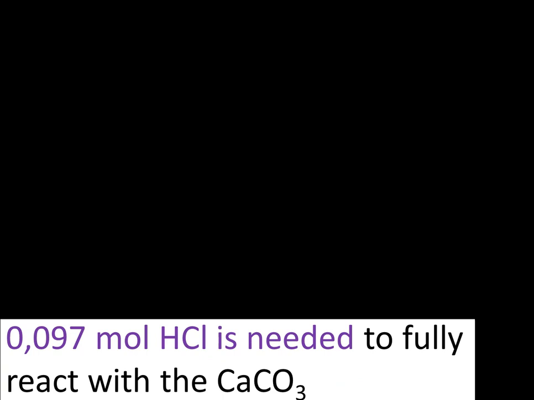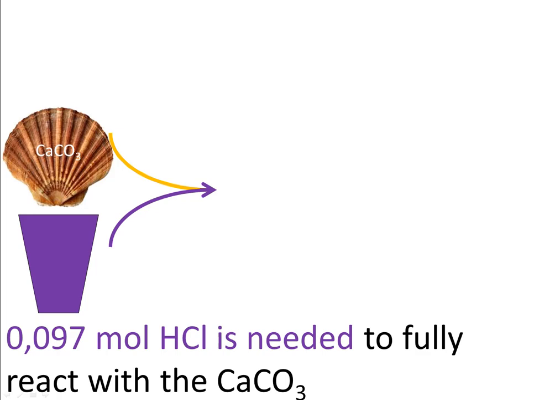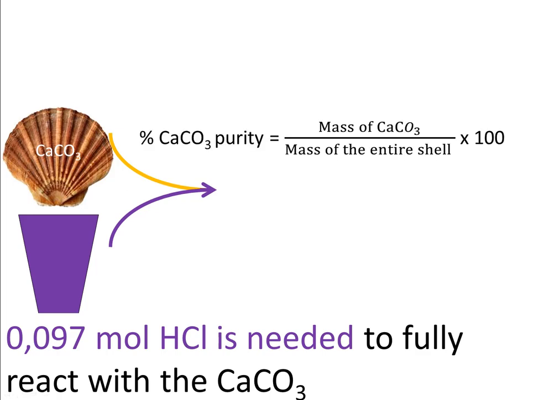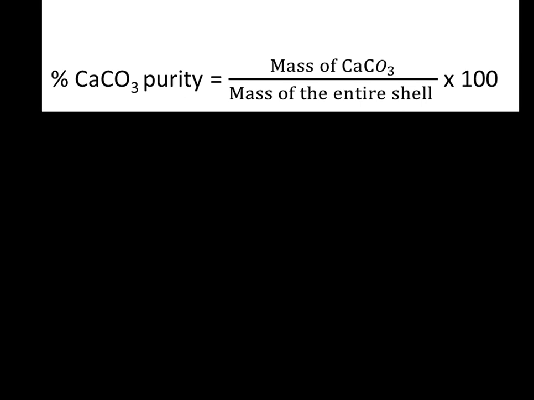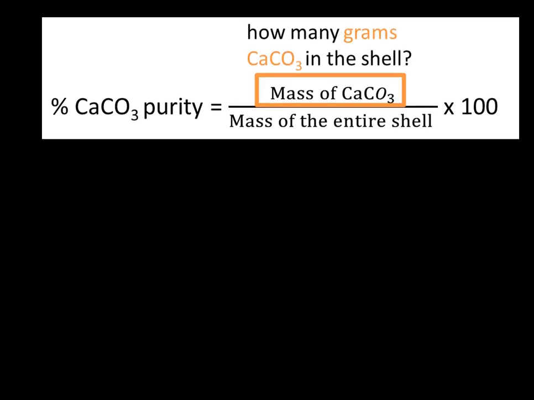So we know that 0,097 mole of HCl was needed to react with the calcium carbonate in the shell sample. Remember that percentage calcium carbonate purity is the ratio between the mass of calcium carbonate and the mass of the whole shell sample expressed as a percentage. So we need to know how many grams of calcium carbonate there are actually present in the shell sample.